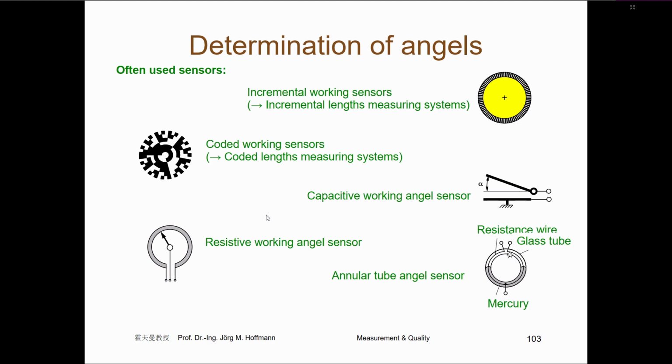You have here one part of the resistance, here the other part, and you are now exactly in the middle. When you turn this sensor, you have the mercury completely on this side. Then you have here 0. That means this point is connected to this point, and you have the full resistance on the other side.